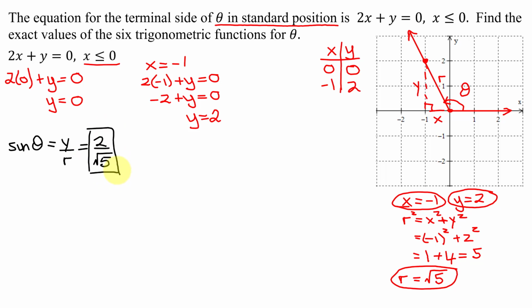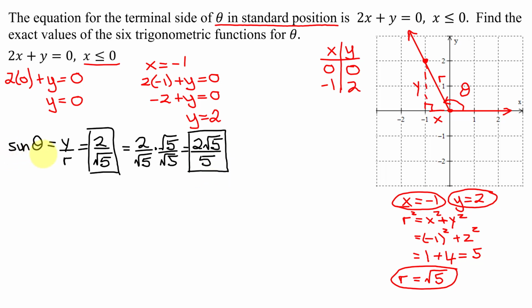If you're required to rationalize the denominator, you're going to take 2 divided by the square root of 5 and multiply numerator and denominator by the square root of 5. So I get 2 times the square root of 5 over the square root of 5 times the square root of 5 is 5. So if you're required to rationalize the denominator, that is your answer.